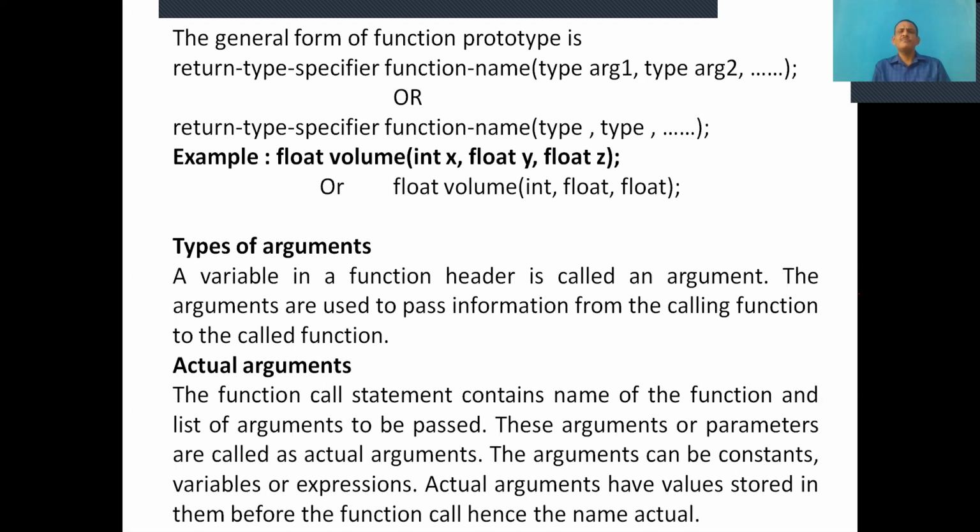Or: return type specifier, function name, open parenthesis, type, comma, and so on, close the parenthesis, semicolon. These are the two forms of syntax that can be used for a function prototype.